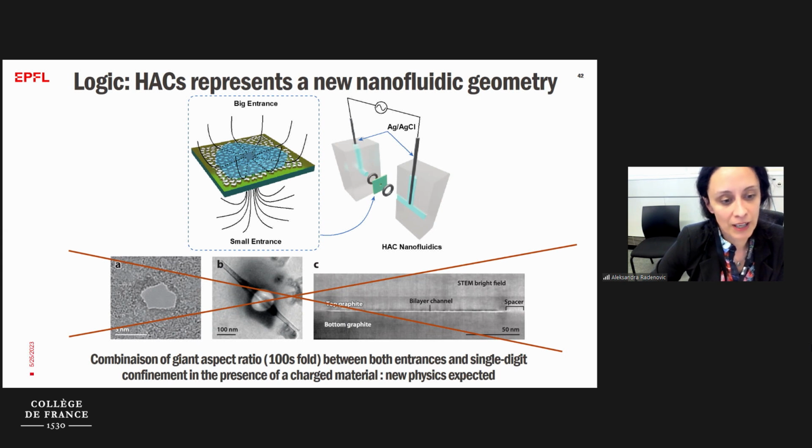So we have a combination of a giant aspect ratio between these entrances and the hole that is formed in the silicon nitride. This ratio can be between 300 and 100-fold, depending on the size of the deposited crystal on top of the channel.